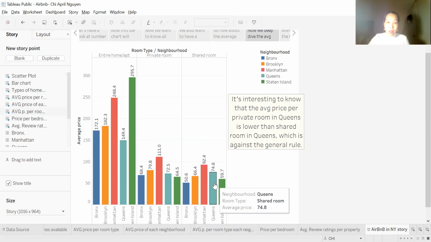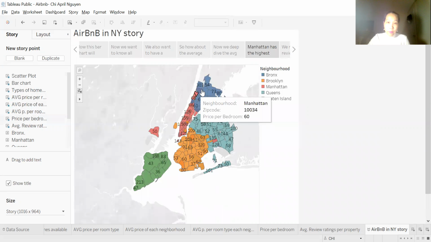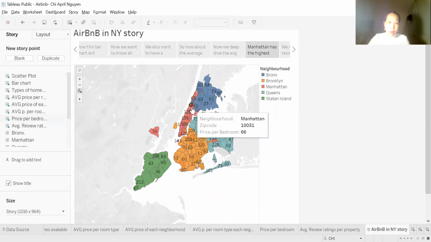That is totally against the general rule. And this is the price per bedroom in the five places. We can see that Manhattan is always the place where it has the highest price.